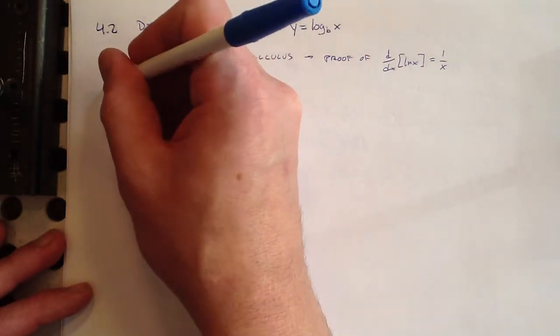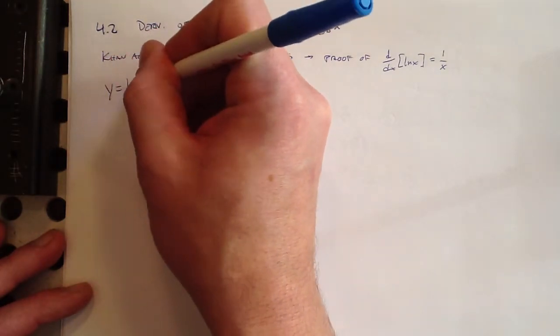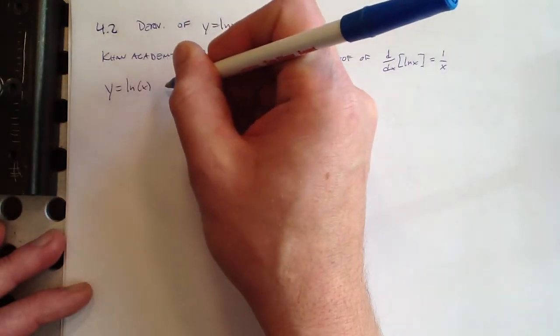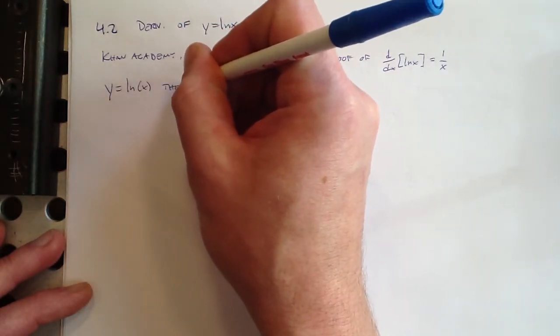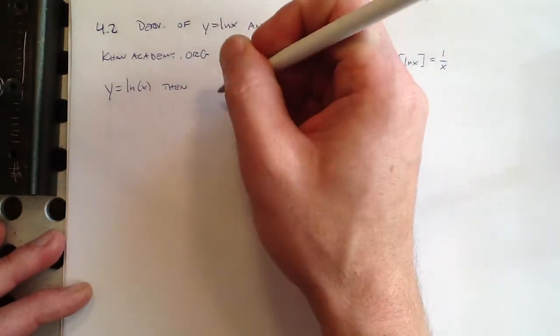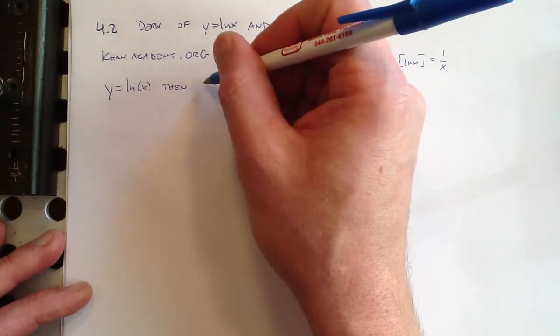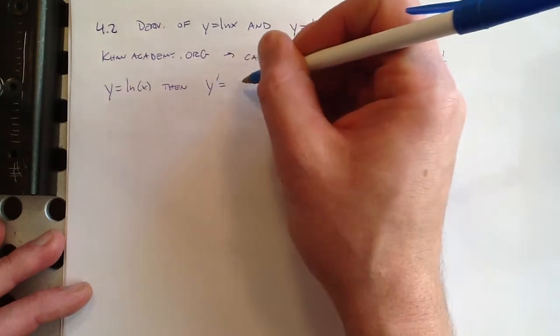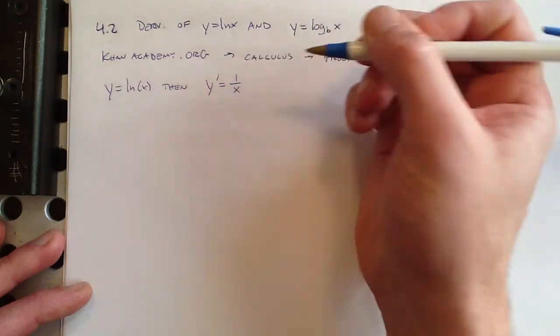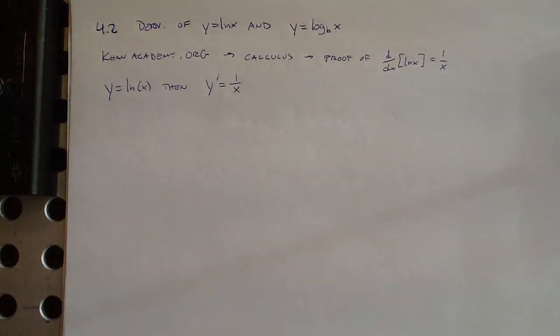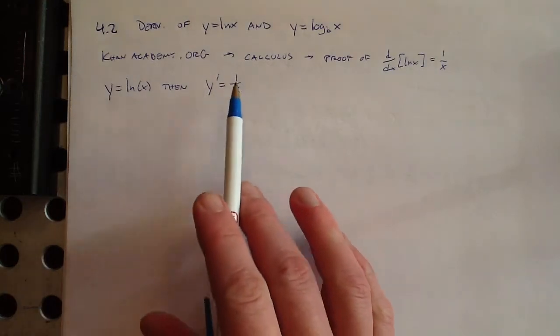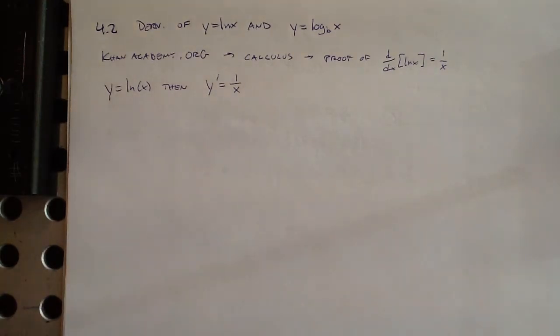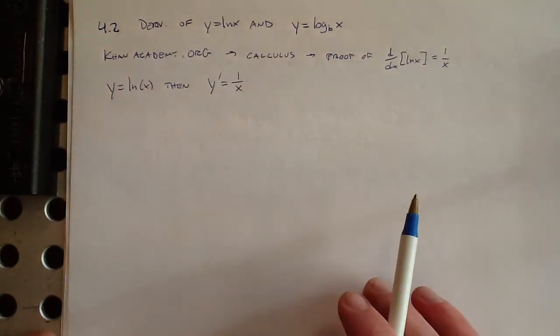It turns out that if y is equal to the natural log of x, then the derivative of the natural log function is 1 over x. The slope of the natural log function is 1 over the x value. And you can find the proof there.